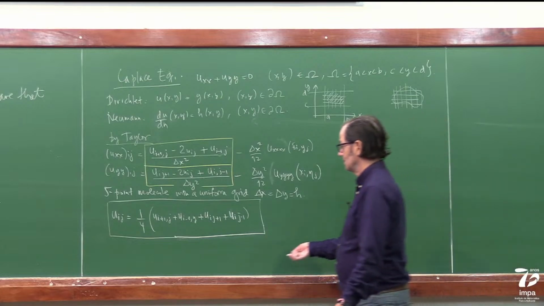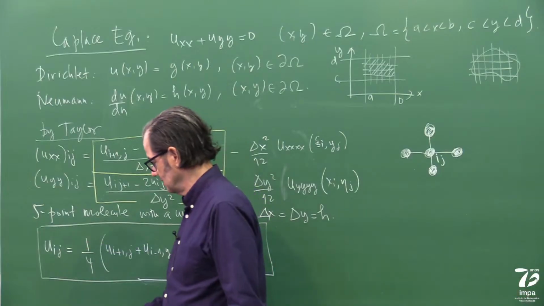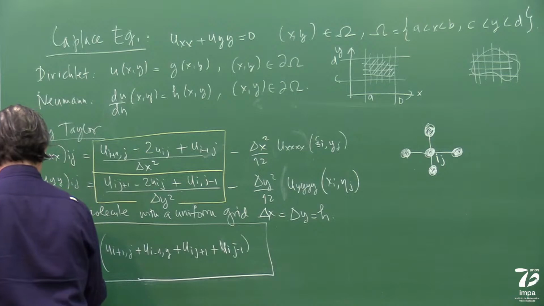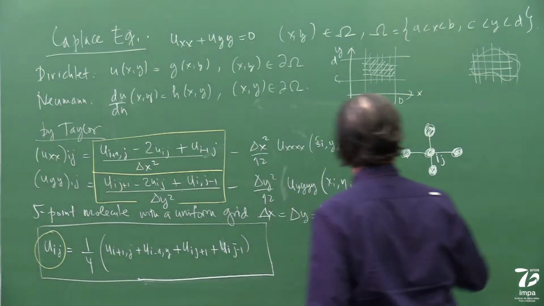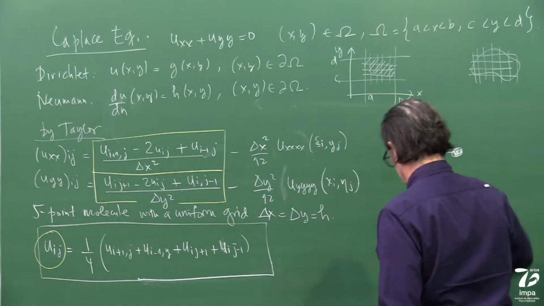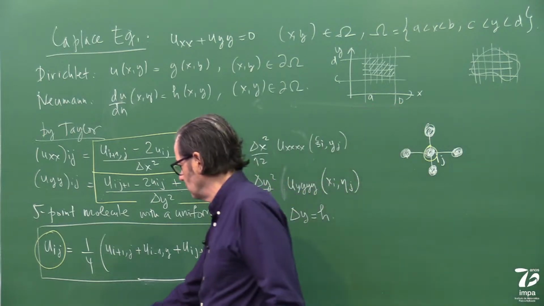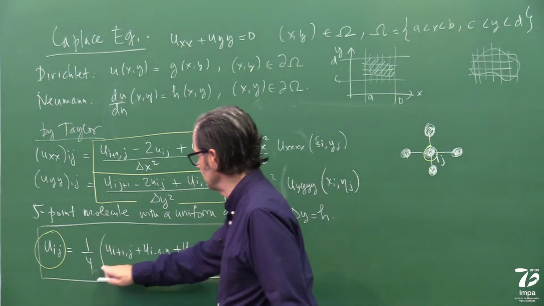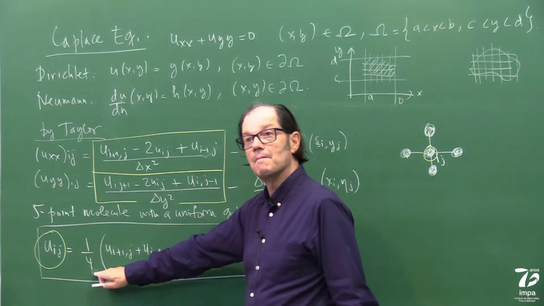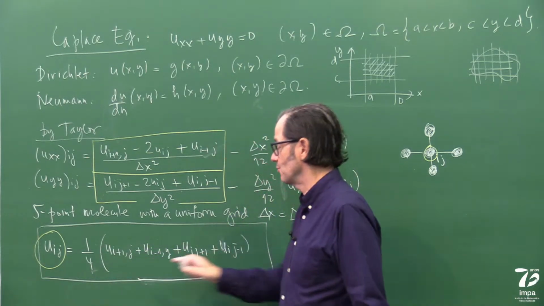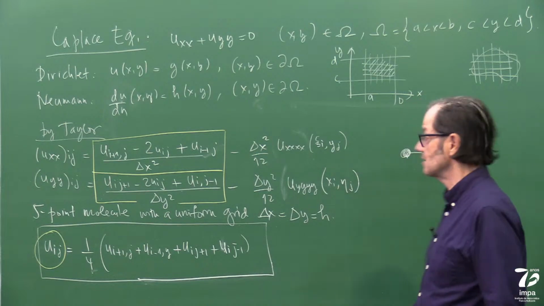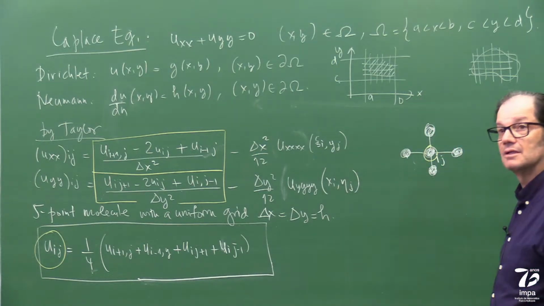Because look, the value at the center of the molecule is equal to the arithmetic average of the other guys, of these 4 guys, right?